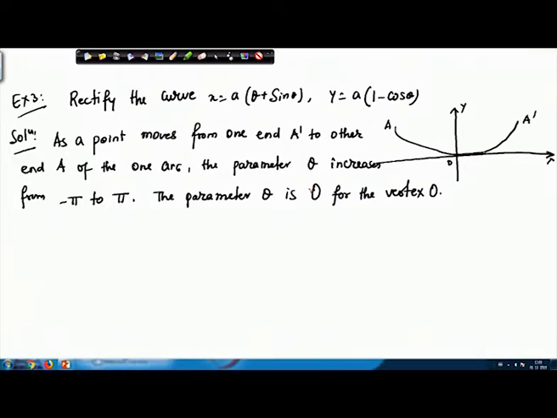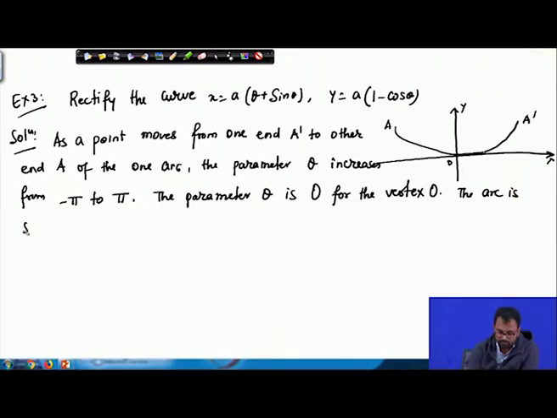All right. As the arc is symmetrical about OY, I did not draw the symmetric figure, but it is symmetrical. So, the arc is symmetrical along OY, or about OY, whichever you prefer.